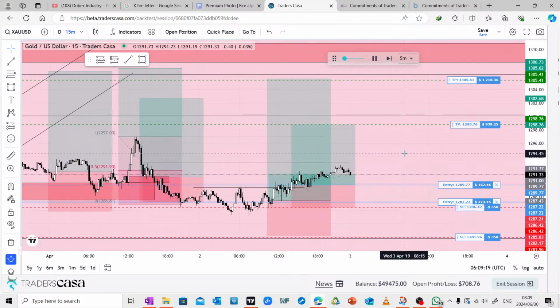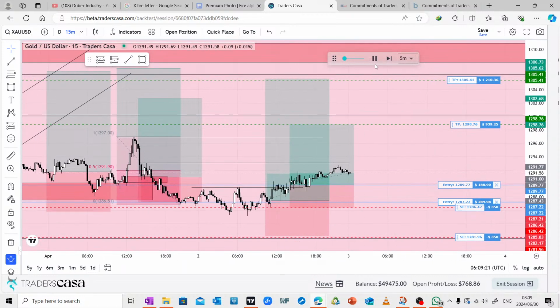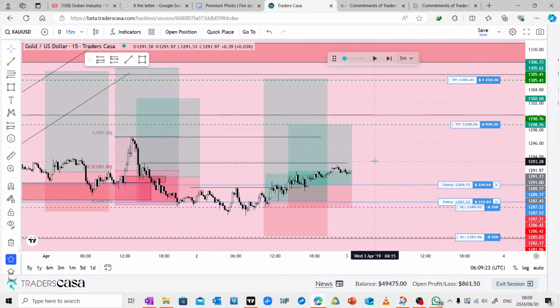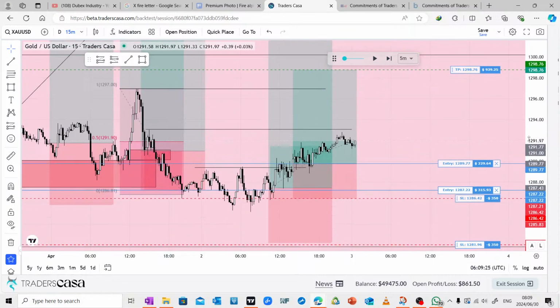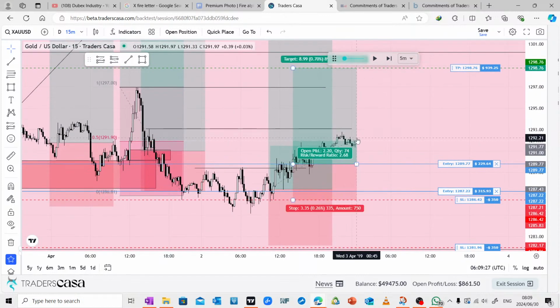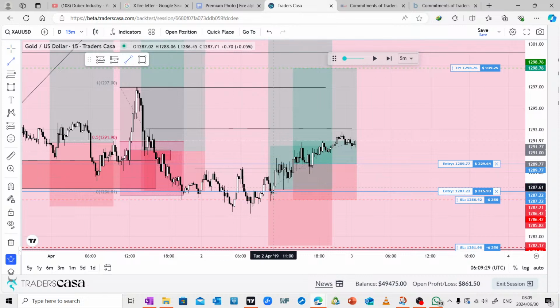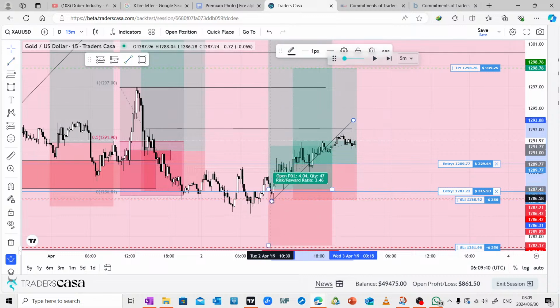Alright, so we're creating a wedge pattern. Let's pause right there. It's not the best pattern that we want, but if we analyze this wedge pattern, we can see it sort of is like this, right?